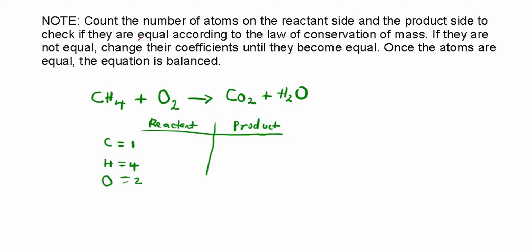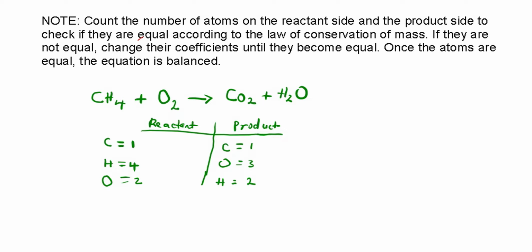Our C is equal to 1. Then our oxygen is 2 plus 1, which is 3. Now let's look at our hydrogen. Our hydrogen is 2. If you look at this, you will see that the equation is not balanced.